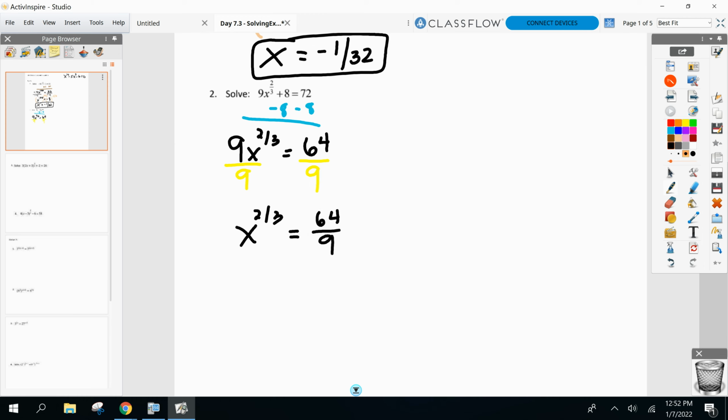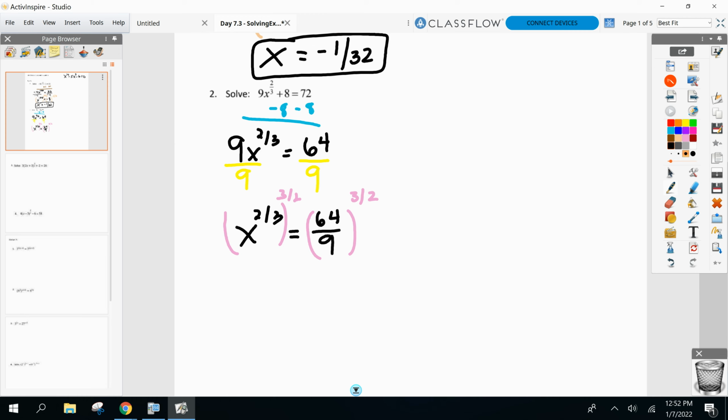All right, so I got the x by itself. Now I have to remove the 2/3. What should it be raised to here? The reciprocal. Do not change the sign. 3/2, which means 64 over 9 will be raised to the 3/2. That's all calc here. It's nice you guys have those fraction templates, huh?